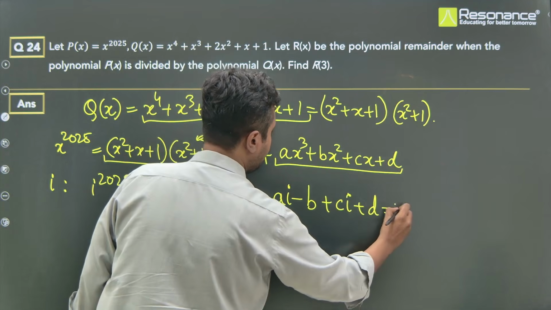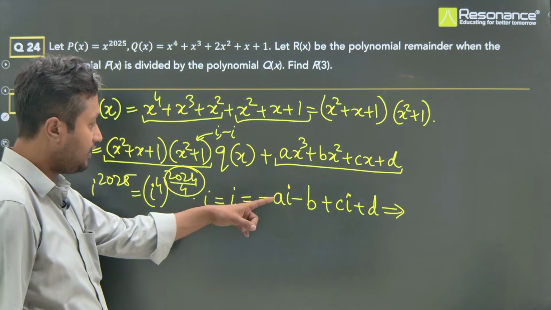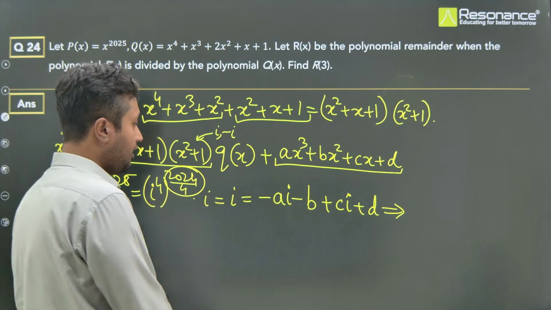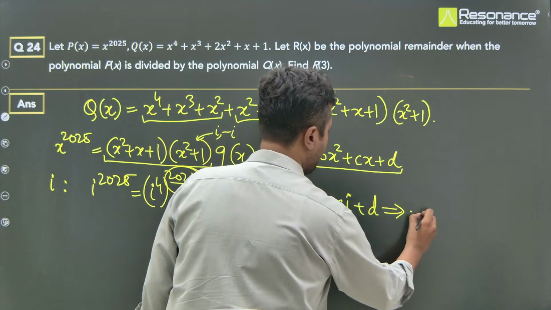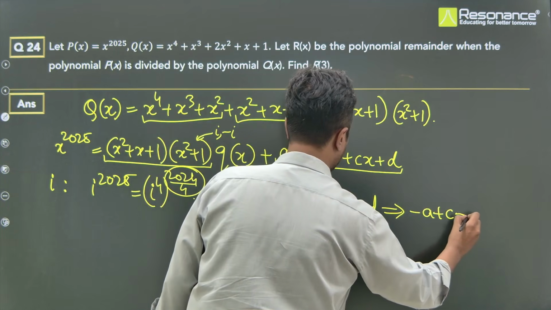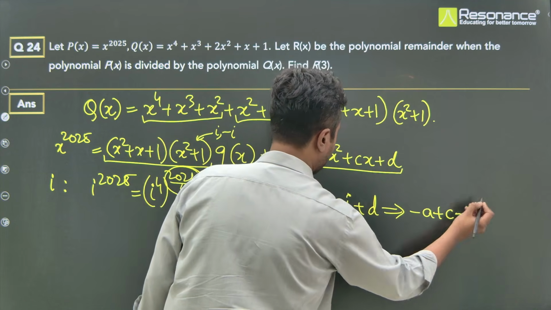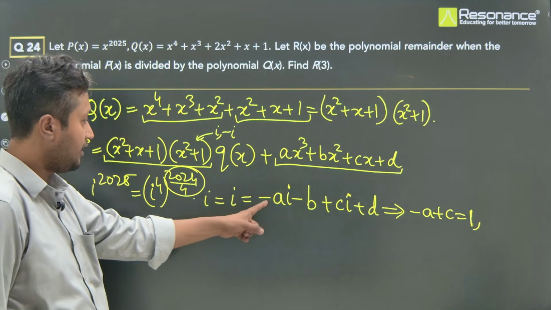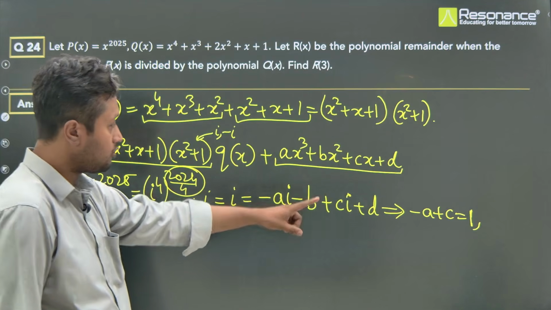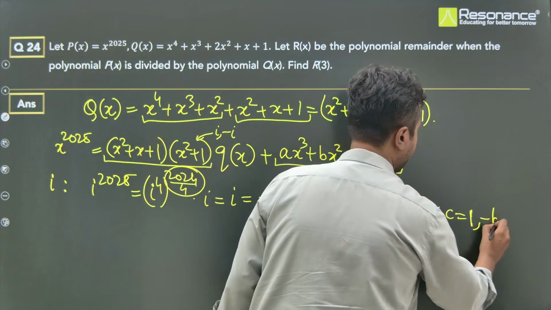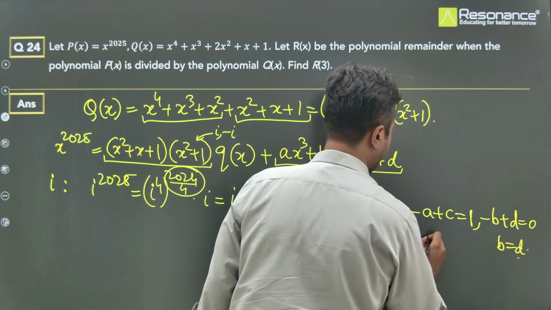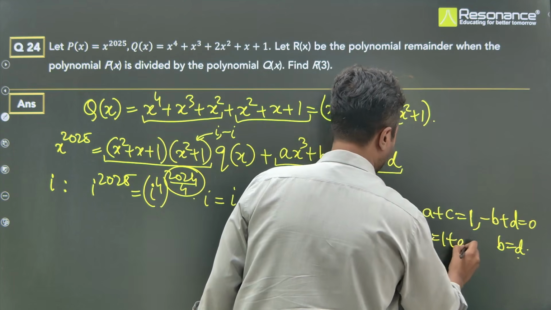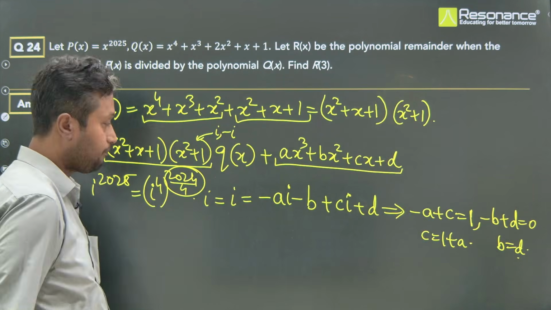And then this will tell you, by equating the real and imaginary parts, the imaginary part is coming from minus a plus c. So minus a plus c has to be equal to 1, right? That's the imaginary part, and that has to equal 1. And also minus b plus d has to be equal to 0. So that tells us that b is equal to d and c is equal to 1 plus a.